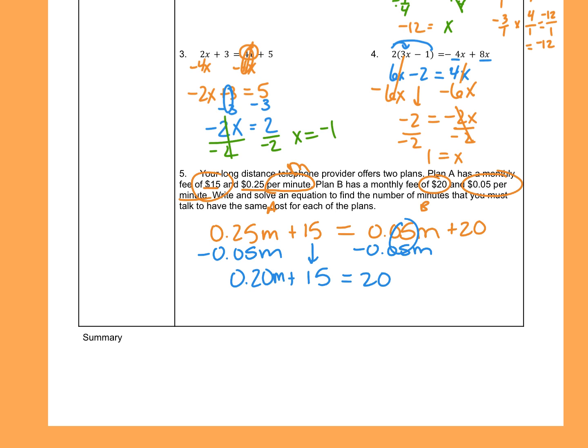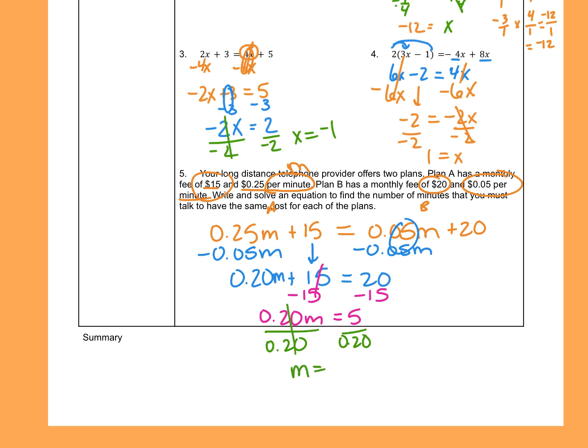So the opposite of plus 15 is minus 15, because we're going to undo add or subtract first. That gives me 0.20 or 0.2 times the minutes equals 20 minus 15 is 5. And then our last step is to divide both sides by the 0.20 or 0.2.